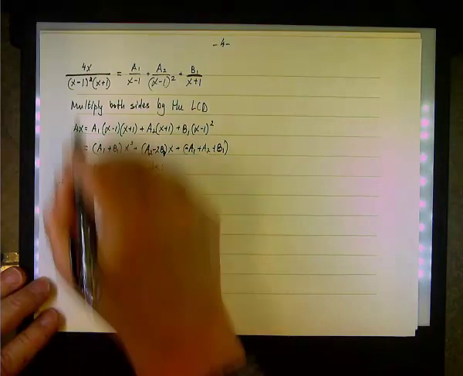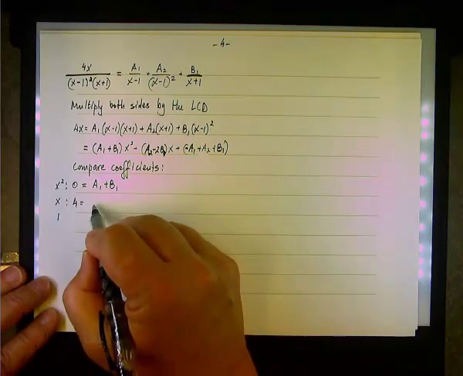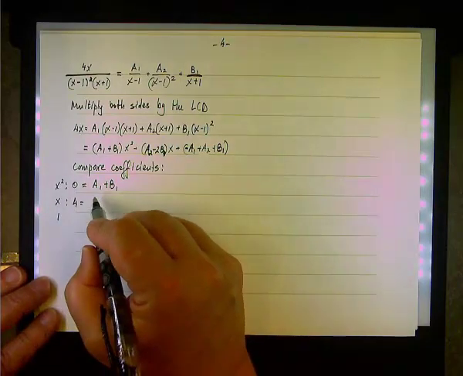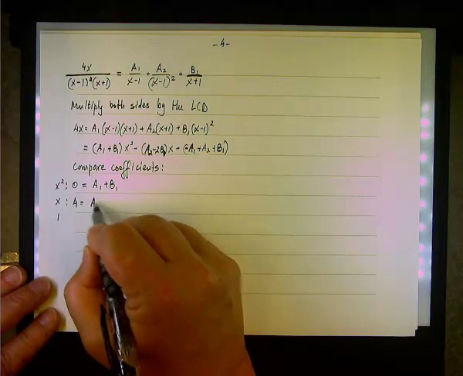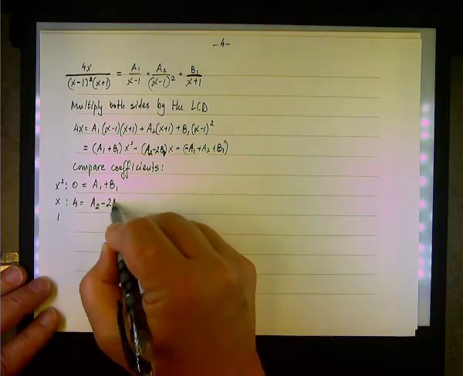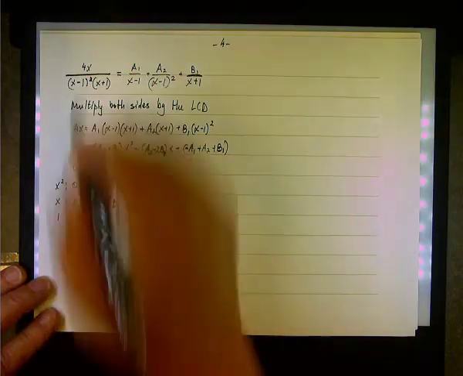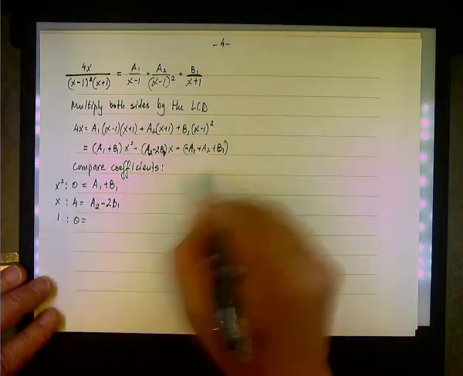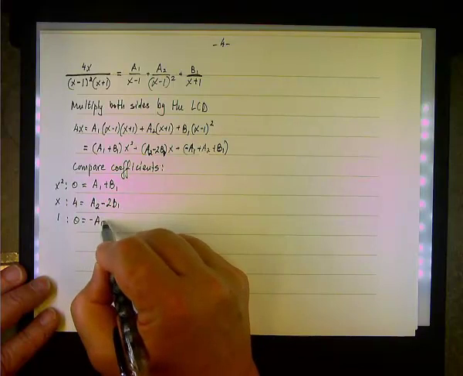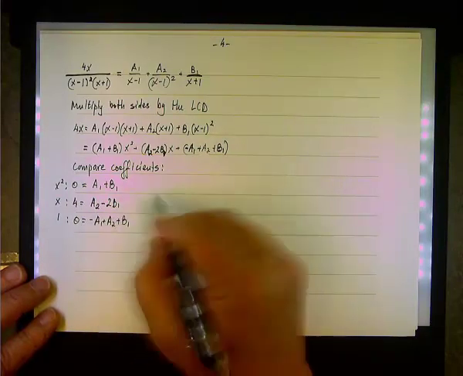The coefficient of x on the left is 4. On the right we have a2 minus 2b1. And for the free coefficient, we have none on the left, so it's 0. So negative a1 plus a2 plus b1 equals 0.